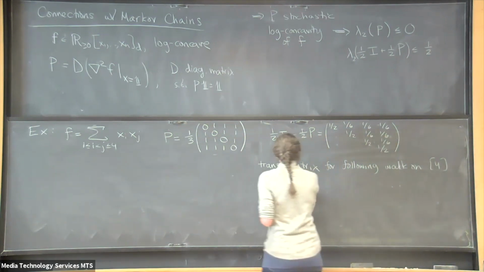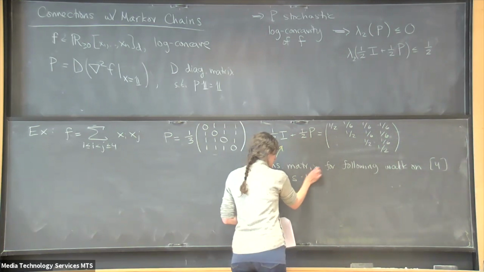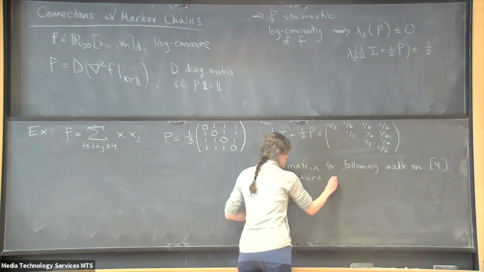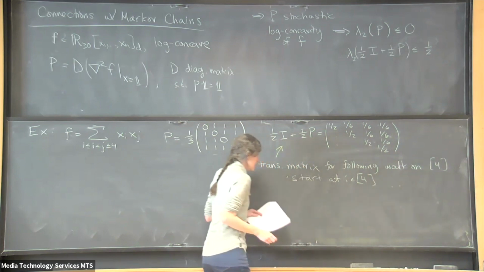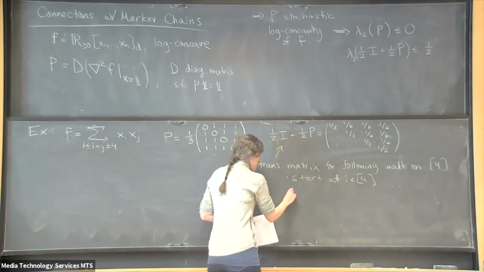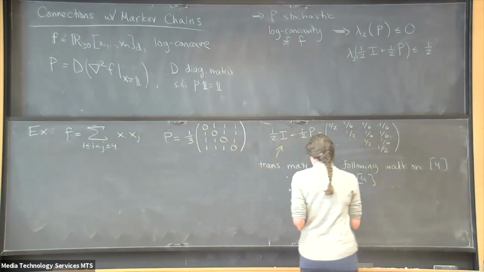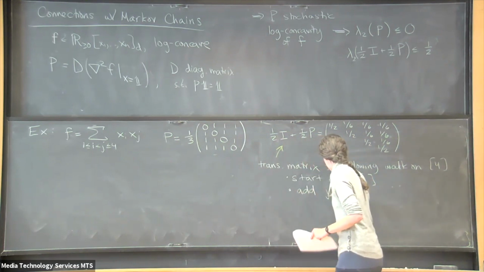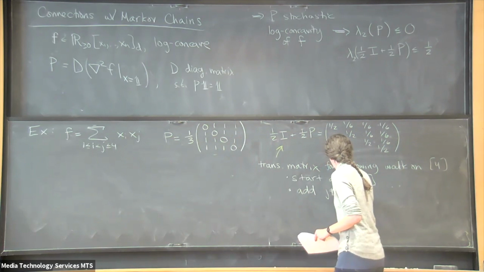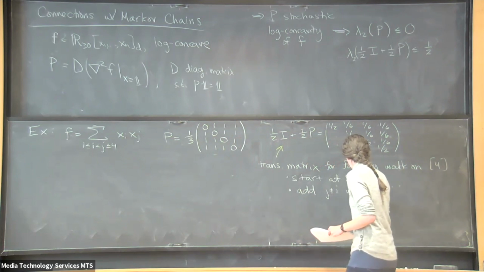So if I start somewhere, some element i in 1 through 4, what I'm going to do is increase it to a subset of size 2. I'm going to add j not equal to i uniformly at random.